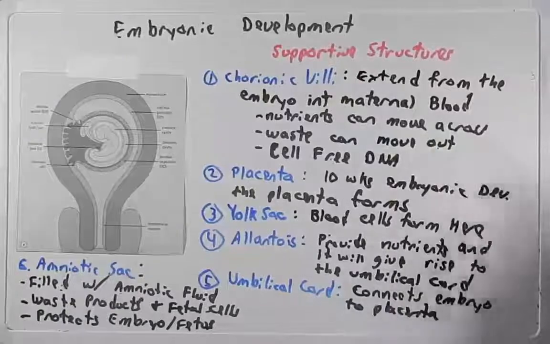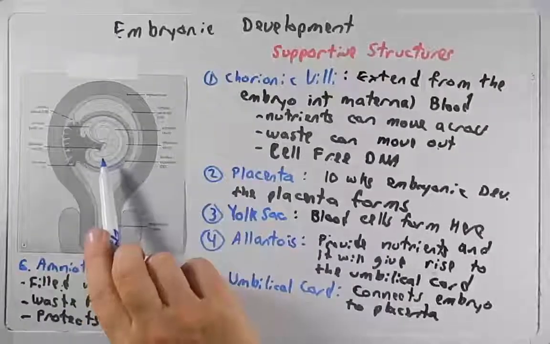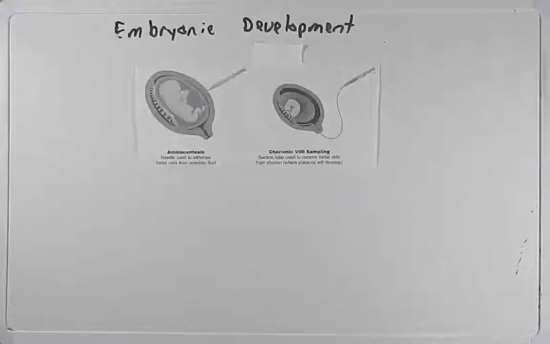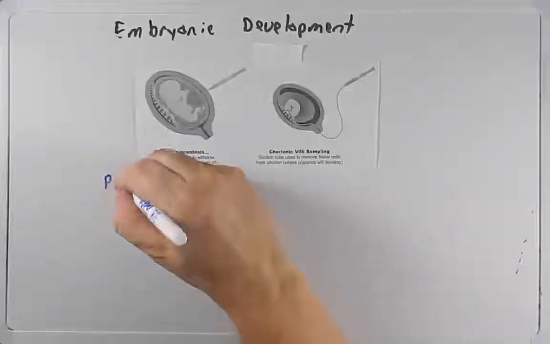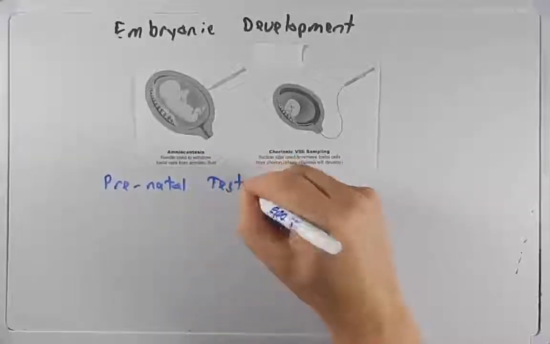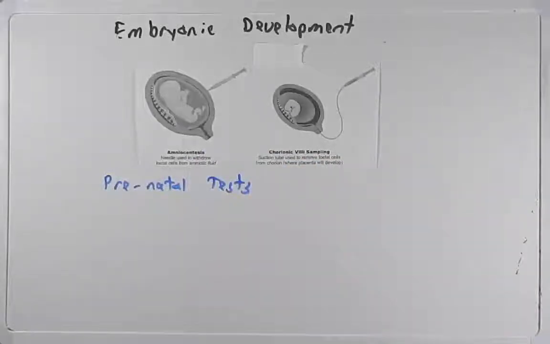But we can use some of these structures to check on the relative health of the developing embryo or fetus. So let's talk about how we can do that on the next whiteboard. There are 3 prenatal tests that can be done to check on the health of the developing embryo or fetus.